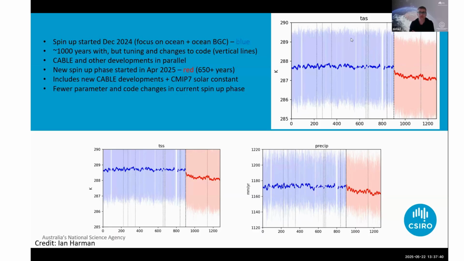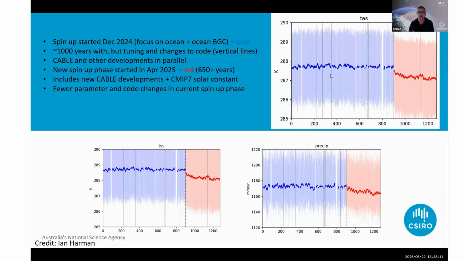You can also see the kind of drop in temperature when we switch from the blue spin-up phase to the red spin-up phase. And that mainly comes from an update in the solar constant. We haven't updated all of the forcings yet to the kind of CMIP 7 released forcings, but the solar constant is one that we implemented straight away because we expected the largest impact from that.